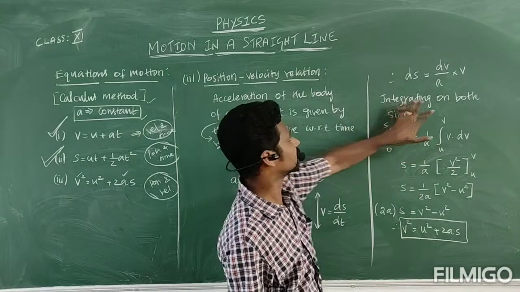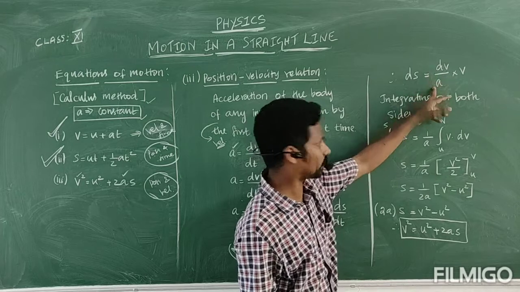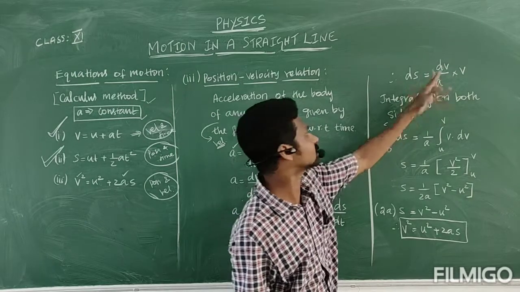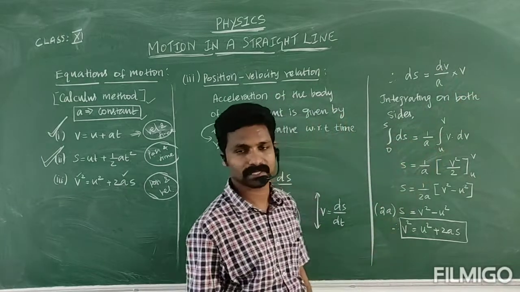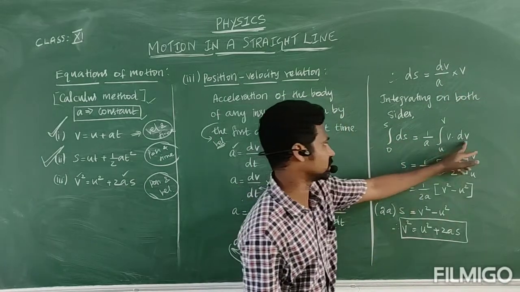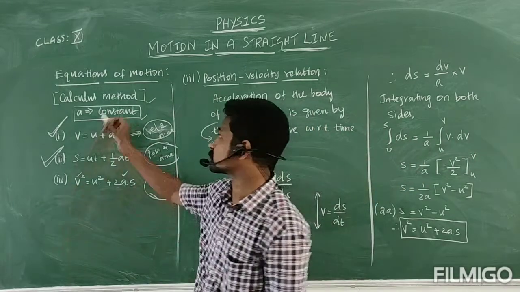So let us imagine the velocity term only is on the right side, and take the integration on both sides. So the integral of ds is equal to 1 by a, because integration does not apply to acceleration, then the integral of v into dv. Because the velocity is changed, then the position is changed, but the acceleration is constant, as we already mentioned in the question.